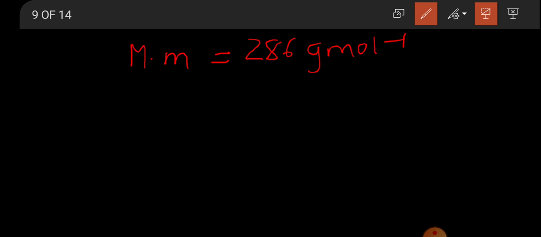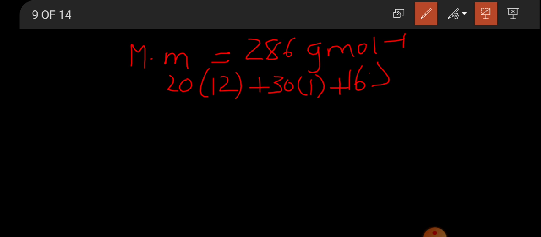So you will calculate how many carbon atoms are present in vitamin A. Let's see how many carbon atoms are present in this molecule. 20 carbon atoms are present, so 20 multiplied by 12 plus how many hydrogen atoms are present? 30 hydrogen atoms are present, so 30 multiplied by 1. And how many oxygen atoms are present? Only one oxygen atom is present, so you will get the answer 286 gram per mole.